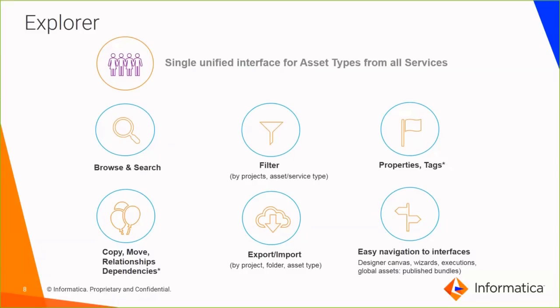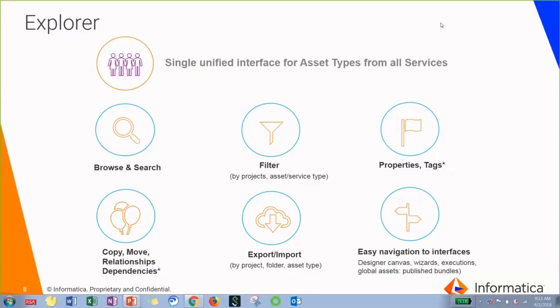The export and import capability is another thing that comes as part of the asset management, to automate your deployment activities, as well as to do any kind of version controlling of your assets. And finally, you'll be able to easily navigate to various other Canvas tools, as well as launch your executions and access any global assets across your organization.